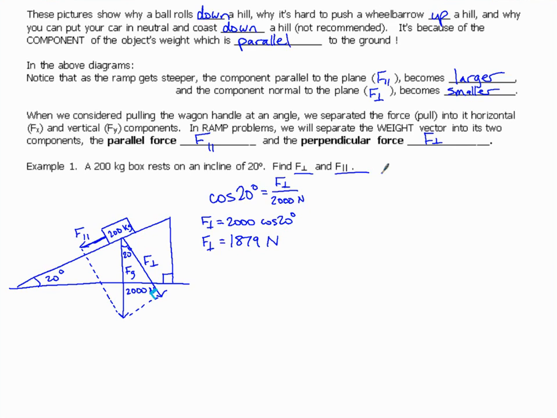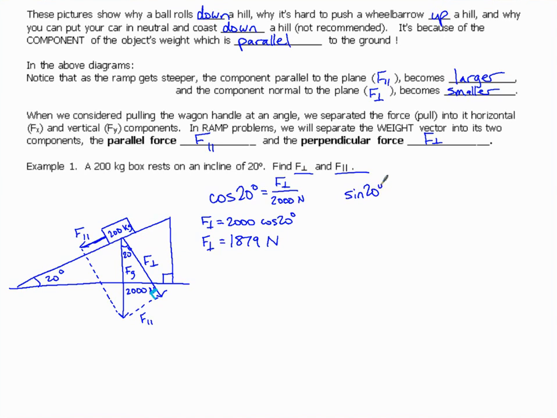For the force parallel, we are looking for this component, and this is a parallelogram, which means that the force parallel here is equal to this side of the triangle at the bottom. So here's our angle, is 20 degrees. We're looking for the opposite side, and we have the hypotenuse, so we use sine.